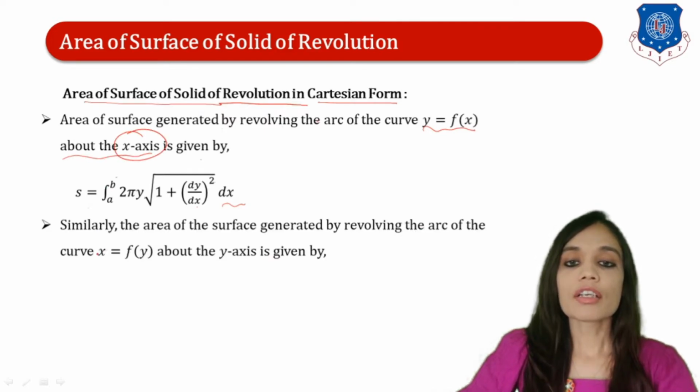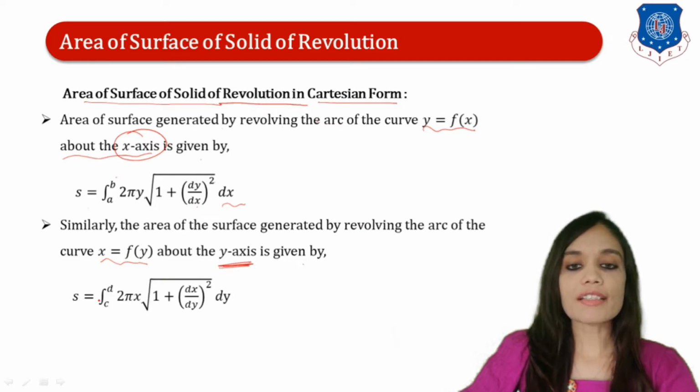So next, the area of the surface generated by revolving the arc of the curve x is equal to f of y about y axis is given by s is equal to integration from c to d 2 pi x square root of 1 plus (dx by dy) whole square dy, right?